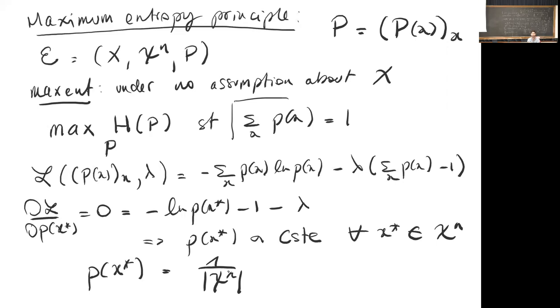If you know absolutely nothing about a system, the distribution that represents your absolute lack of knowledge, the one with maximum uncertainty, is the uniform distribution. We recover what we said.